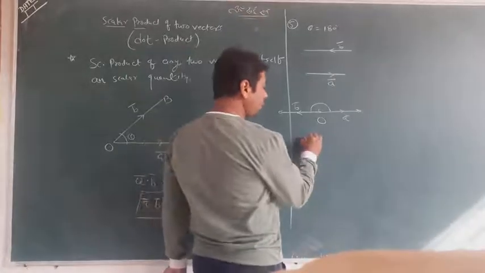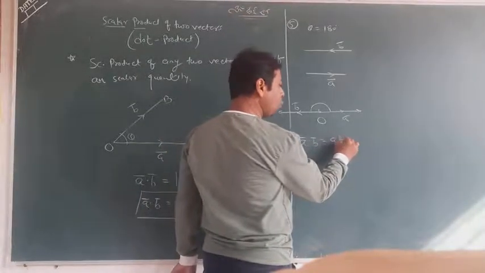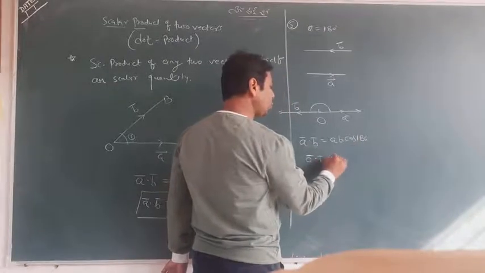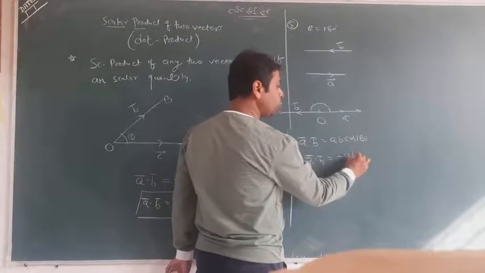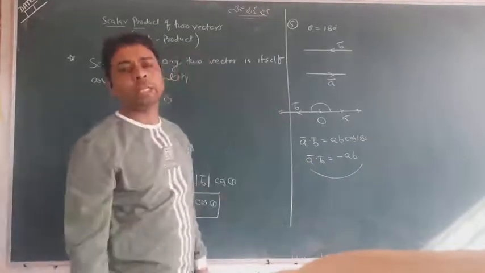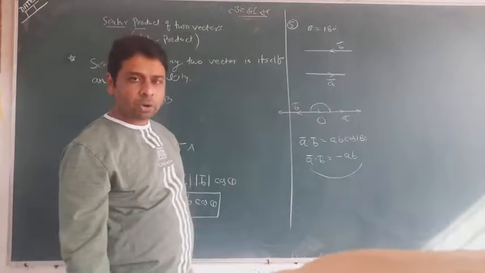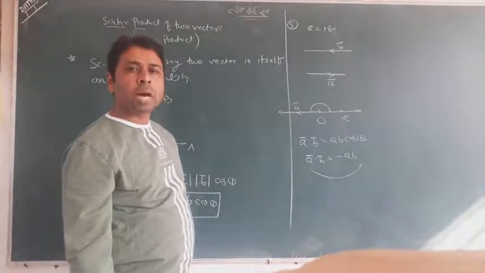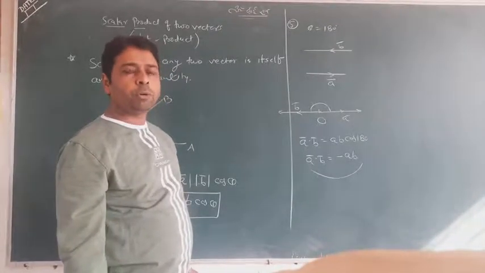That time A dot B will be AB cos 180, and you should know that cos 180 is minus 1. So your answer is A dot B equal to minus AB. So these 5 things are all the angle-related outcomes I have taught you about dot products.